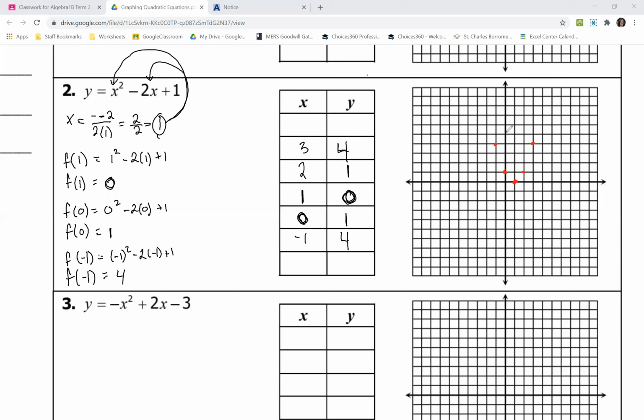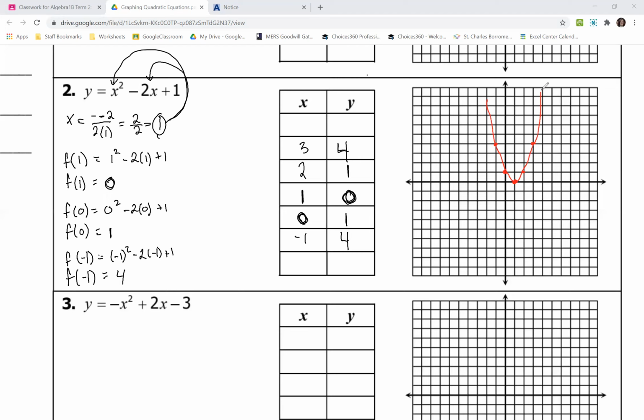Now you can see I've already got a pretty good picture of my quadratic going. And since I've already seen where it's going to intercept the x-axis, I'm not going to bother filling in any more points. I think I got the picture. So it looks something like that. So what is my solution?